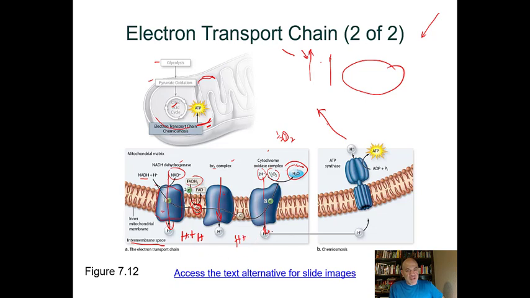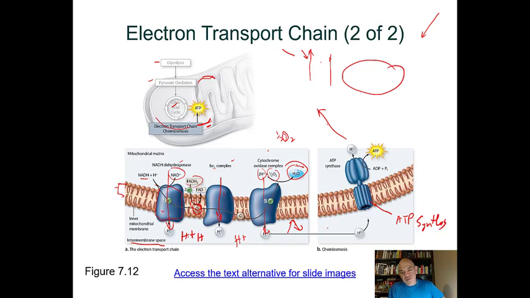Now all of these protons that have been built up here are going to build up this concentration gradient, and ultimately they're going to have a hard time getting through the membrane because the inside of that membrane is hydrophobic. So basically they have a better route. They can't get through there, but what they can do is get through this protein complex that's partially embedded in the membrane, and it's called ATP synthase.